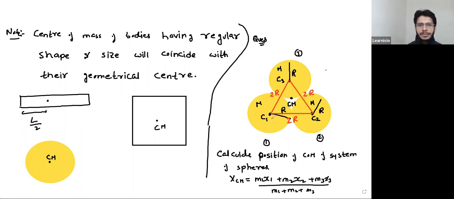Okay, so if I take this point as origin, Sania, now I think you can tell me the coordinates of these points. This is C1 is origin. Sania, what are the coordinates of C2? 2R, comma, 0. Sorry. Next, I need coordinates of this point. See, the x coordinate of this point is R. Now the y coordinate.